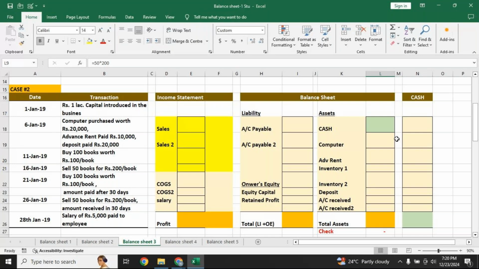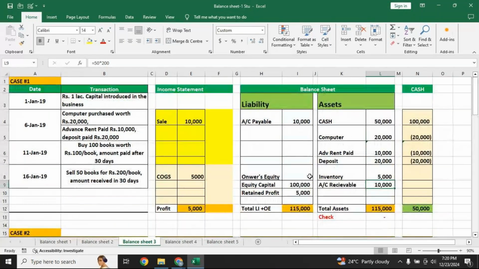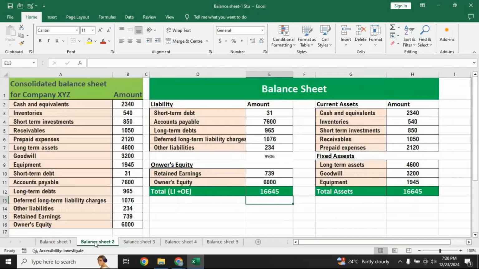Ma'am, how is it retained earning for the fourth case? This one you are asking about? No, ma'am. This one, retained earning, this balance sheet 2.